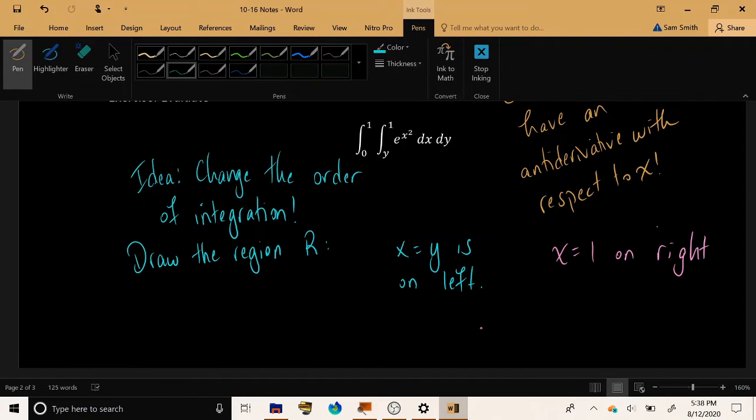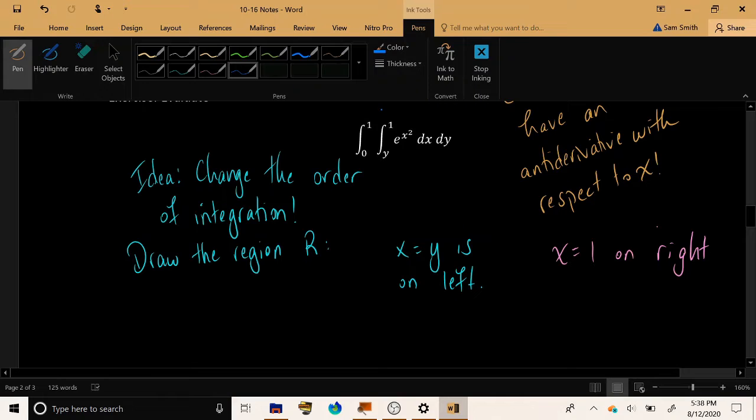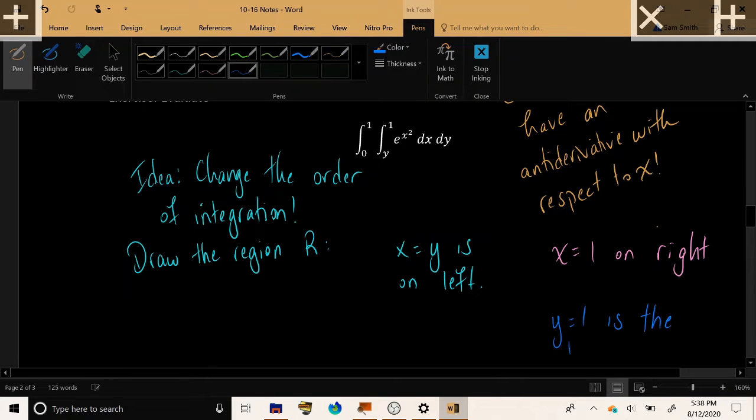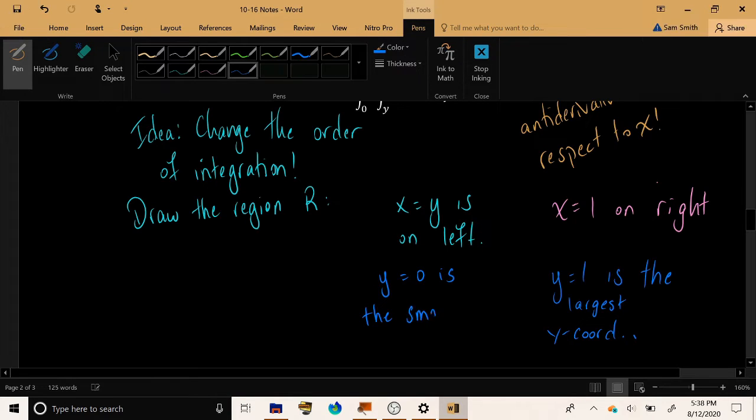The upper limit of integration was equal to the right-hand function, in the case that x was the first limit. Now, if we look at the limits of integration on the outside, that tells us that y equals 1 is the largest y-coordinate, and the lower limit of integration on the outside, y equals 0, is the smallest y-coordinate in the region.